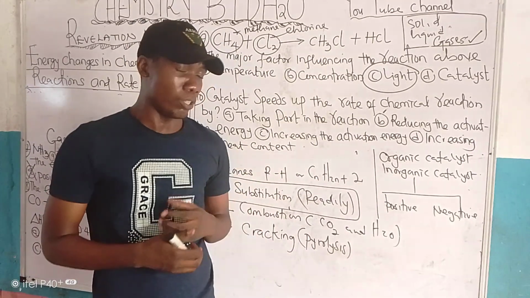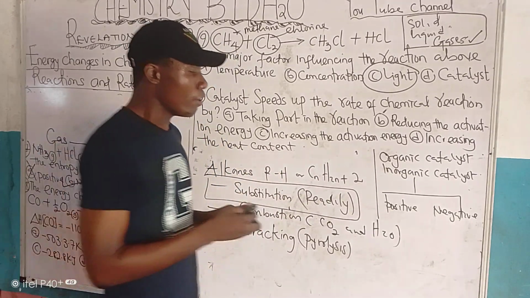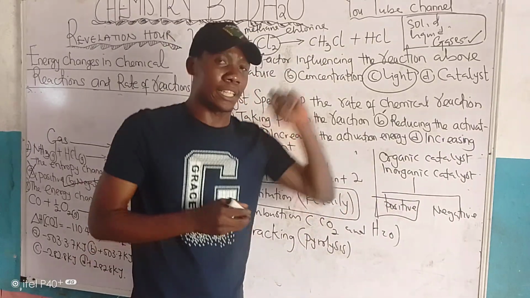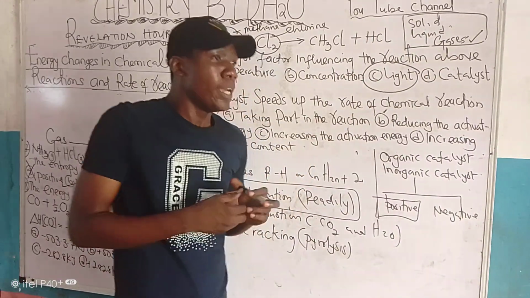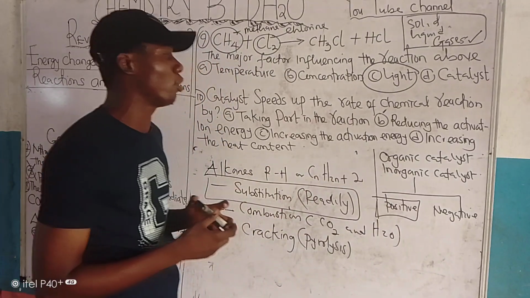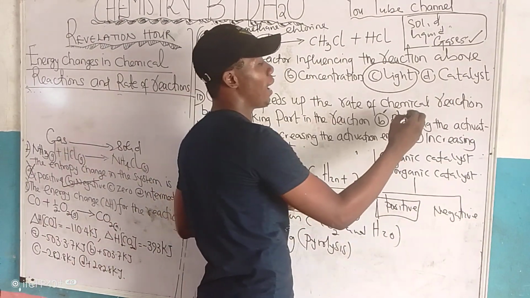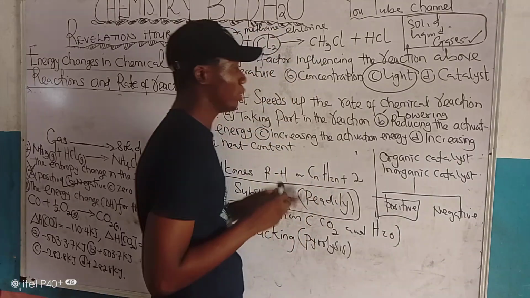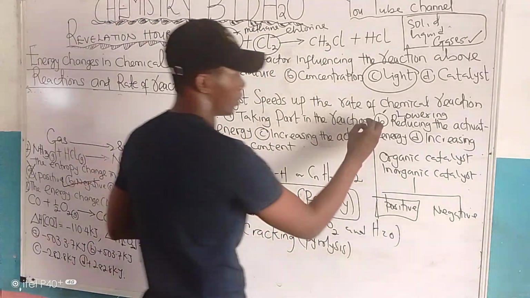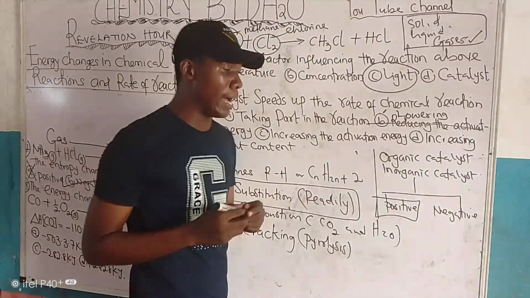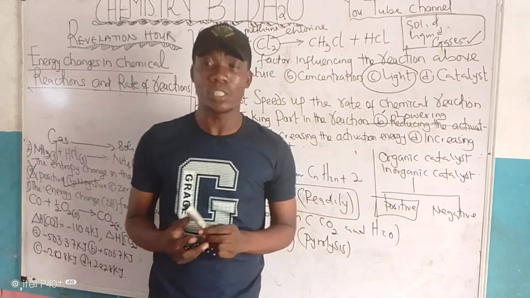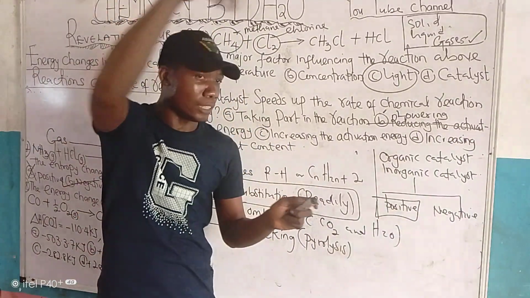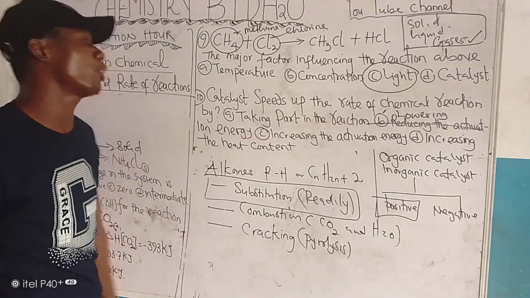Now, a positive catalyst usually increases the rate of chemical reaction by lowering the activation energy. So the answer to this question is B. The other way around, a negative catalyst slows down the rate of chemical reaction by increasing the activation energy.